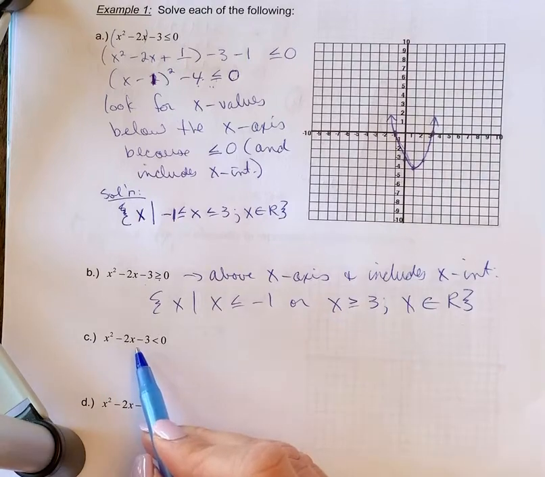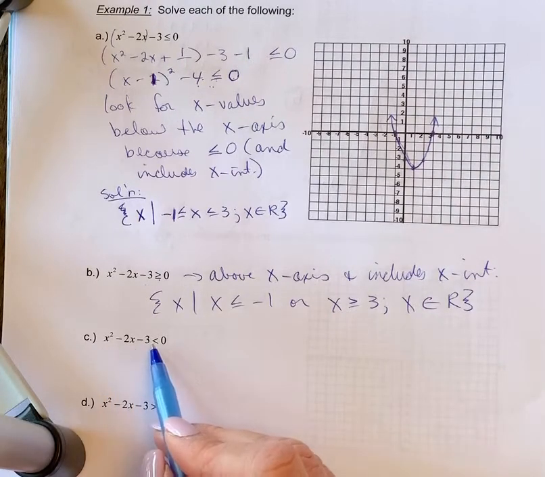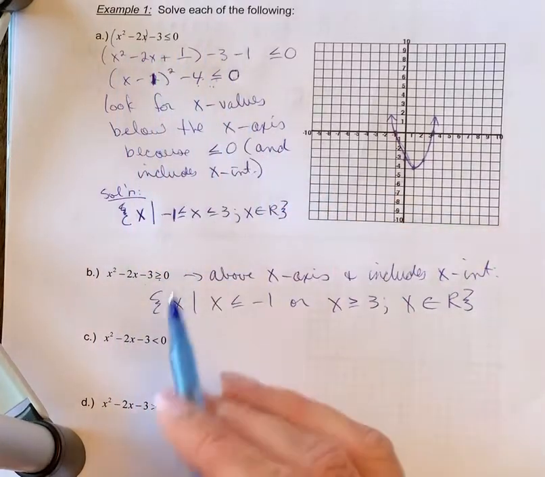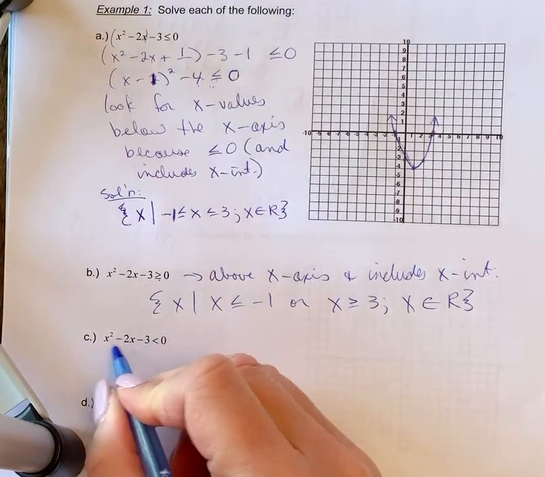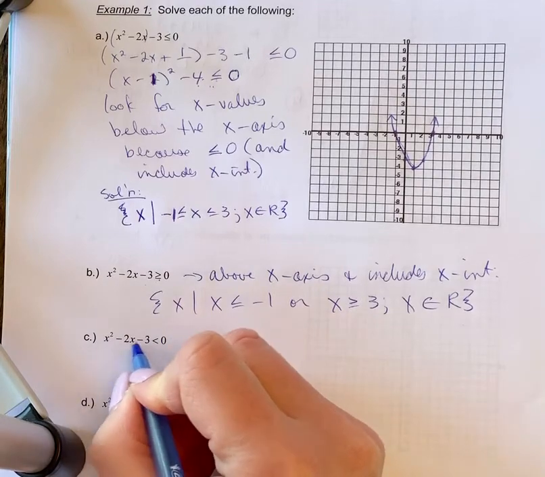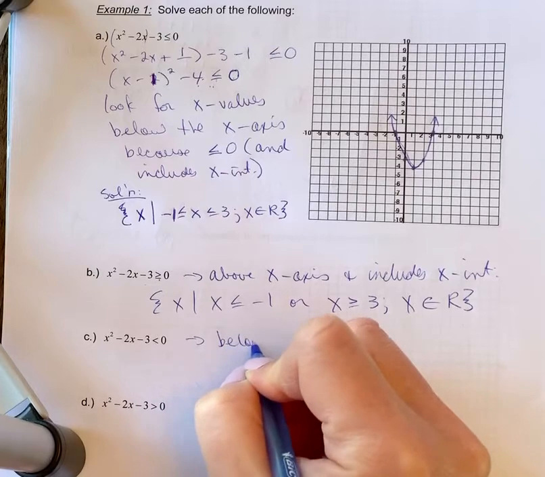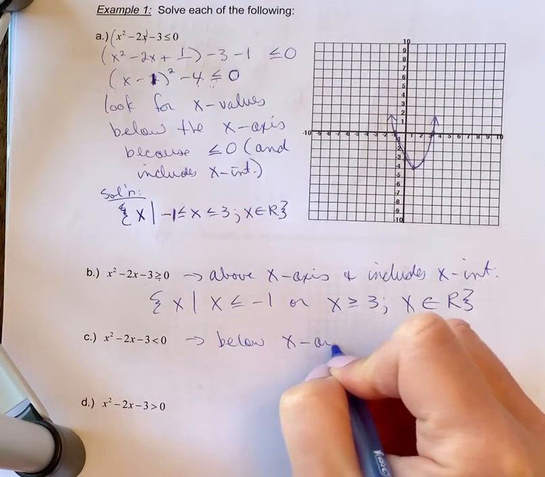Let's look at C. For C, everything's the same as it was in A, except that it doesn't include the inequality sign. So again, this is less than. So if you're looking at the less than, or the equation itself is less than 0, it's all based on where that 0 is. You're going to look below the x-axis again.